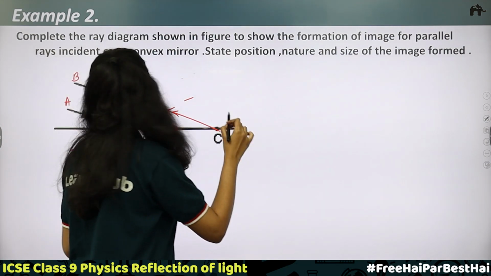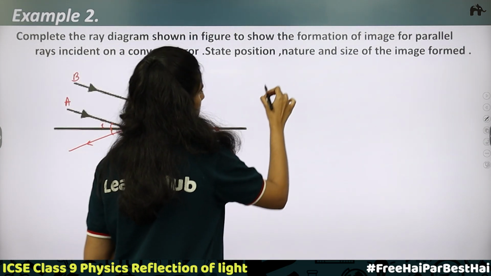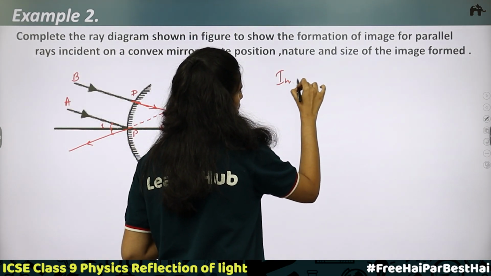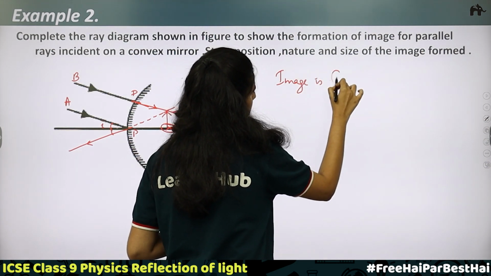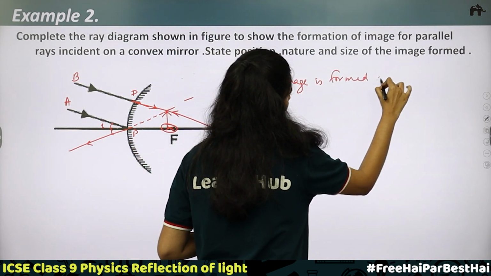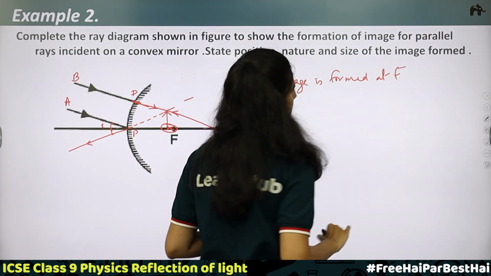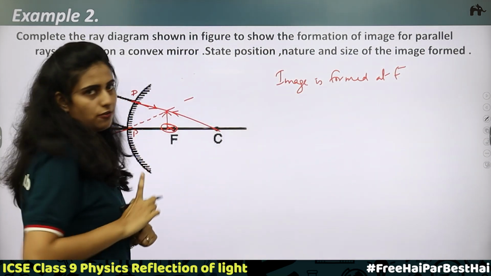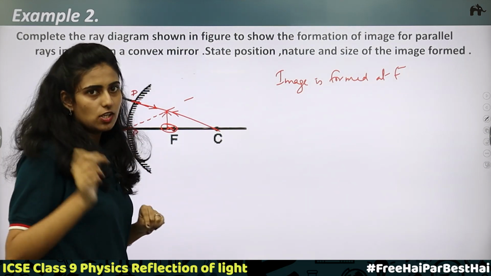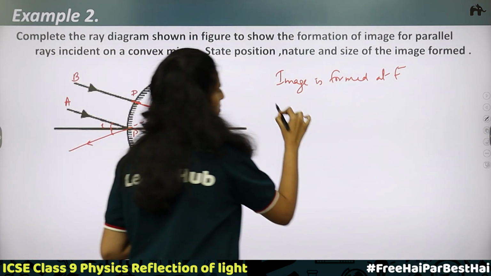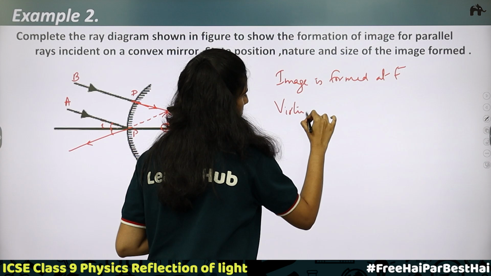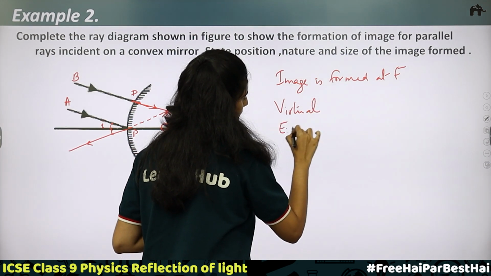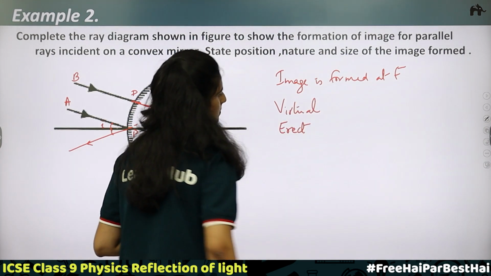So where do we get the image? The image is formed at the focus. Next, the properties of the image. Position we have got; nature of image: the image formed is a virtual image. It is an erect image.